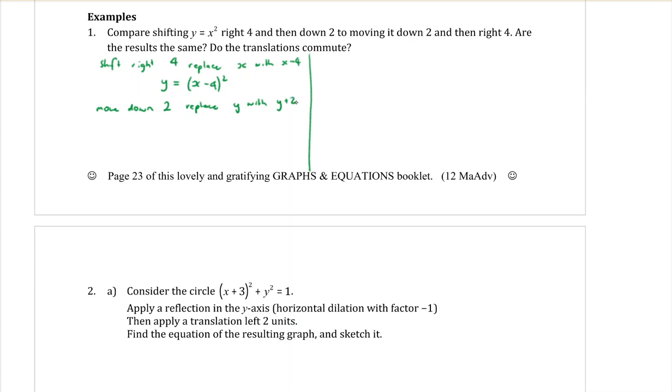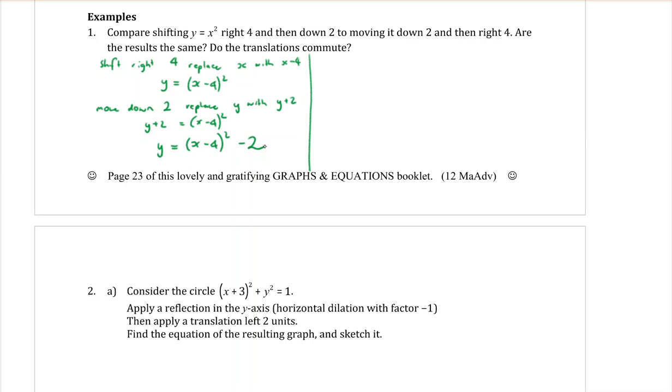So that means the y becomes y plus 2 equals x minus 4 in bracket squared. We're doing this from the equation that we just made. And then we're going to subtract the 2 across to the other side. So we have x minus 4 in bracket squared minus 2. Okay, so that was doing it in the first order that I was given.